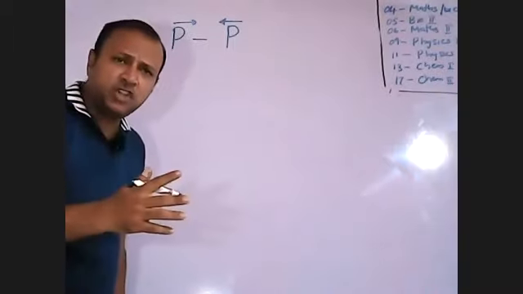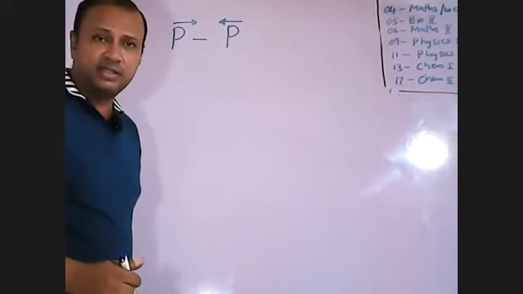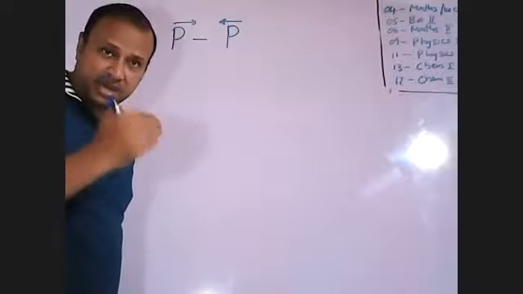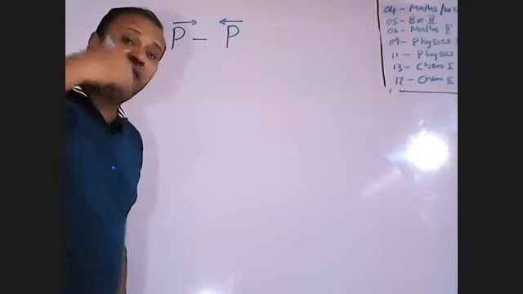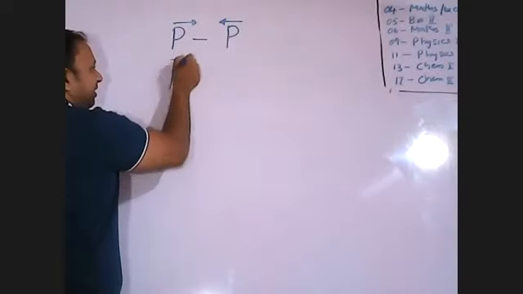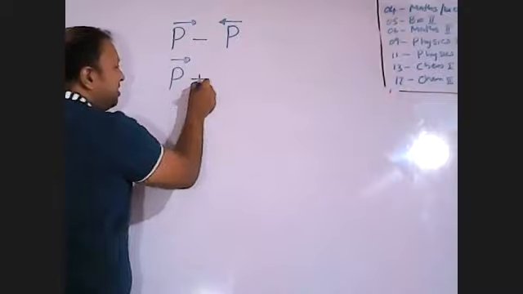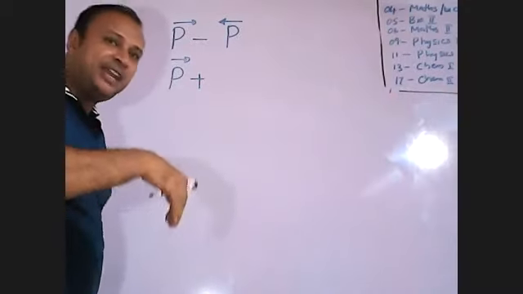So subtraction means addition of a minus vector or negative vector. Subtraction is addition of a negative vector. So then I can use the addition and add the minus vector.